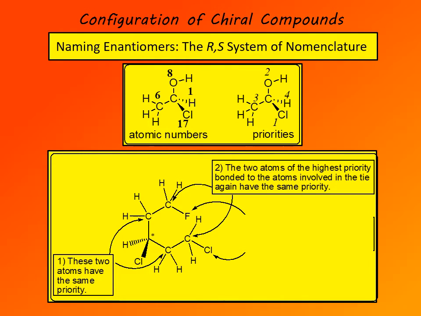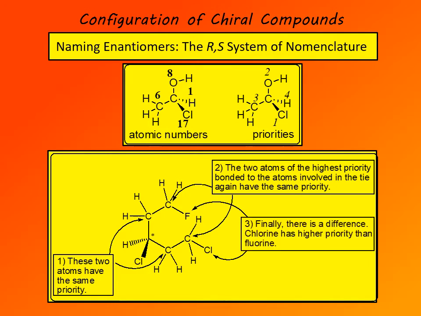So again, we have a tie. Now we look at that second carbon, and what is the atom of the highest priority attached to those carbons? And now finally we have a difference. It's chlorine versus fluorine. So chlorine has higher priority than fluorine, so the entire chlorine-containing chain will be higher priority. It will have priority 2, while the fluorine-containing chain will have priority 3.